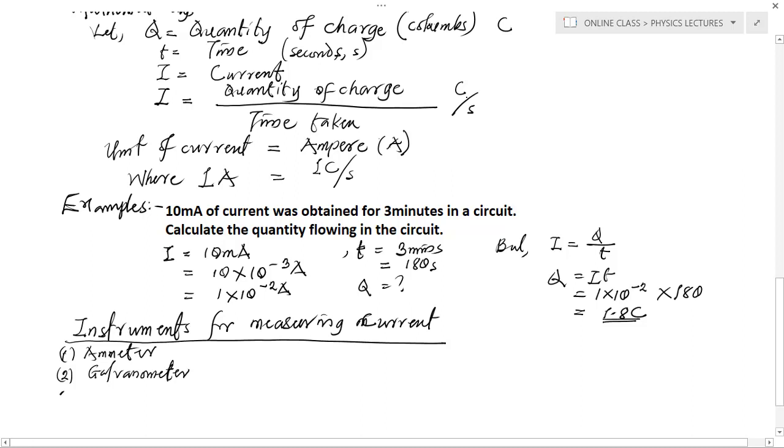Number three here is multimeter. These are the instruments used for measuring the currents that we have here.